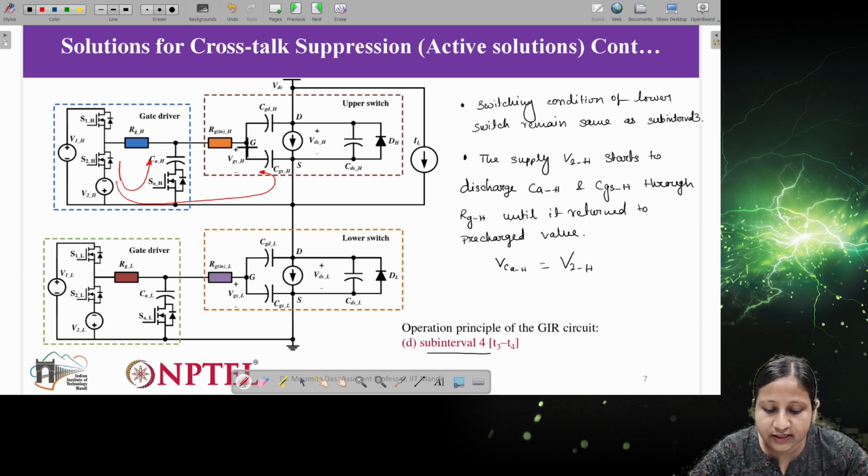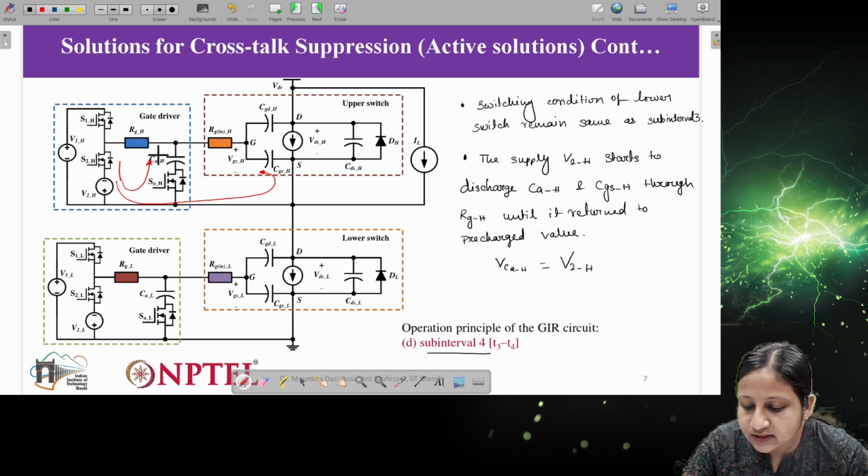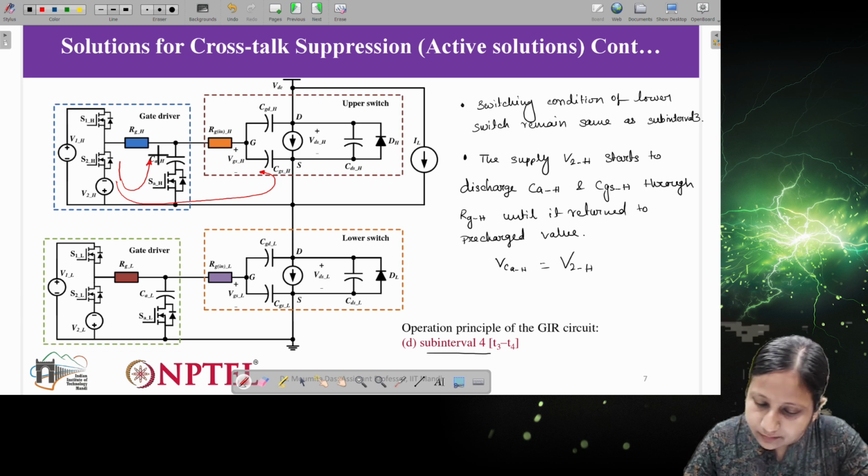That is why in this particular step the switch S2H is on, and through this internal resistance either these capacitances are discharging or the auxiliary capacitor is charging. So this is what is happening in this particular subinterval.